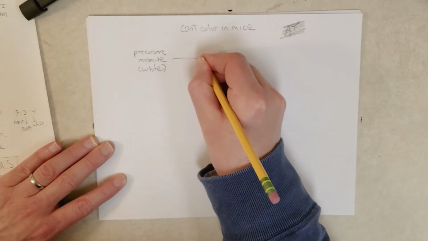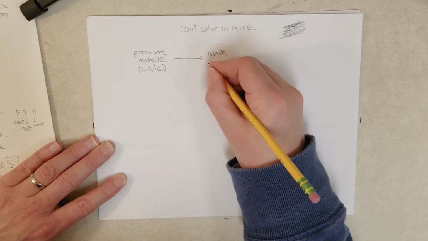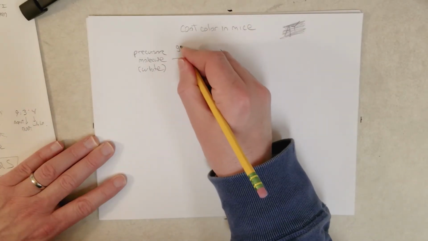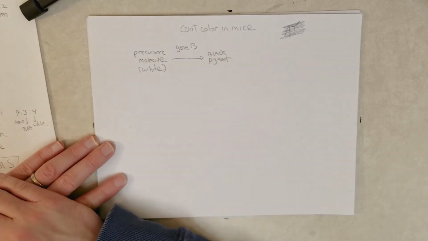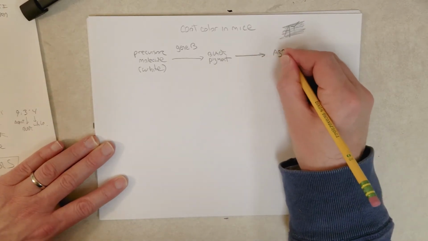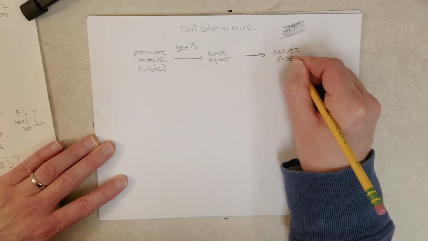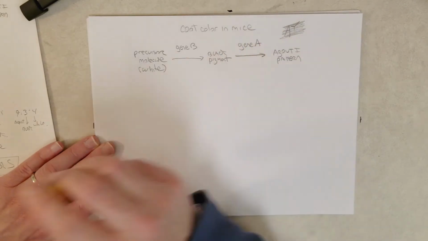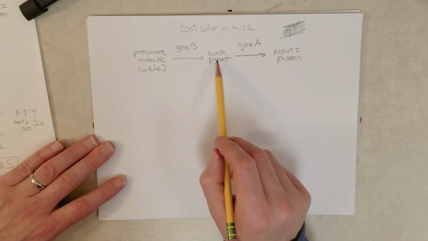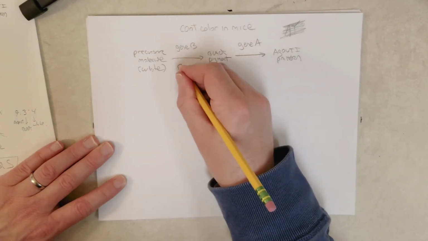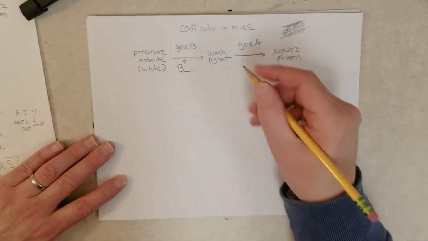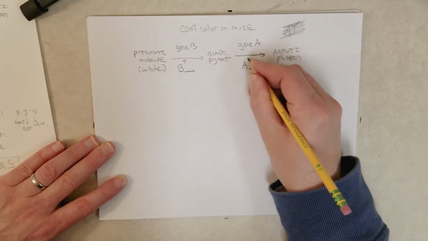So this white pigment is going to be turned into a black pigment, which is going to lead to a black fur color, by an enzyme encoded by gene B. Now the black pigment will be acted upon to give the agouti pattern by another enzyme, and that enzyme is encoded by gene A. So in order for a mouse to have a black fur color, it needs to have at least one large B allele for gene B. In order to have the agouti pattern, it needs to have at least one big A allele for gene A.